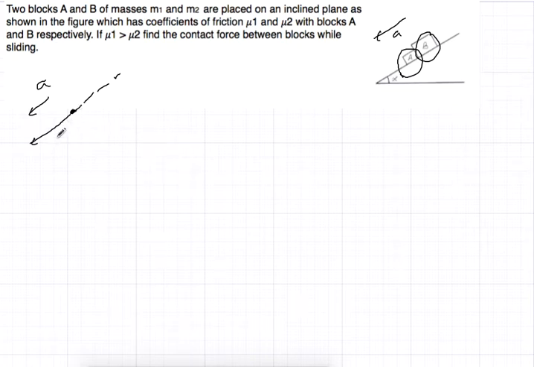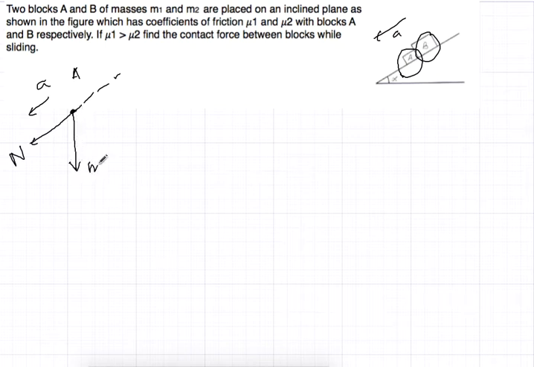Suppose the contact force between B and A is N. In this free body diagram of A, the contact force of B on A is N.